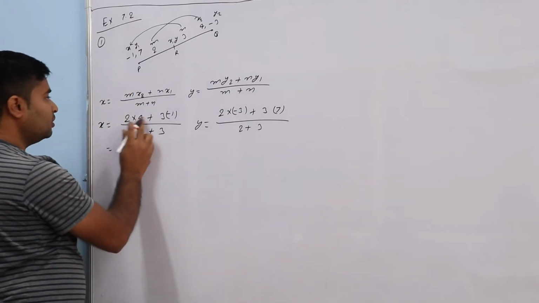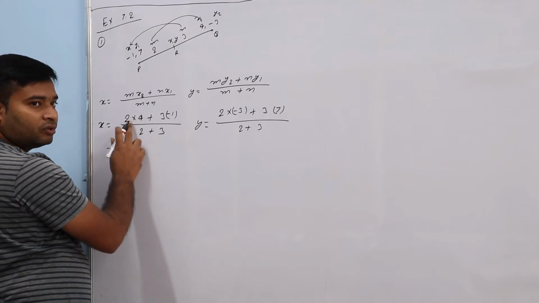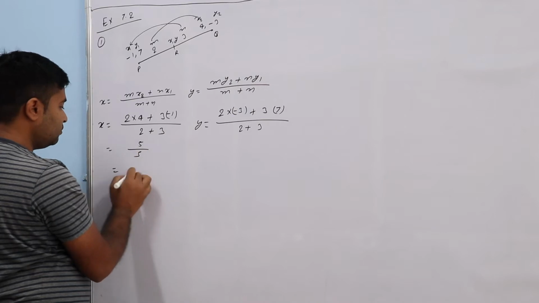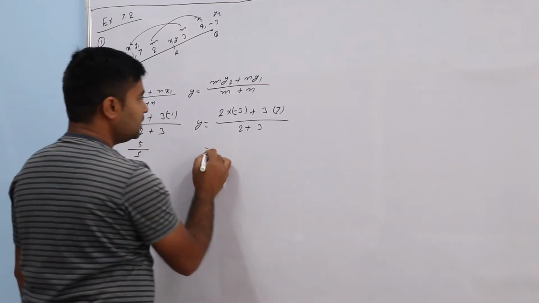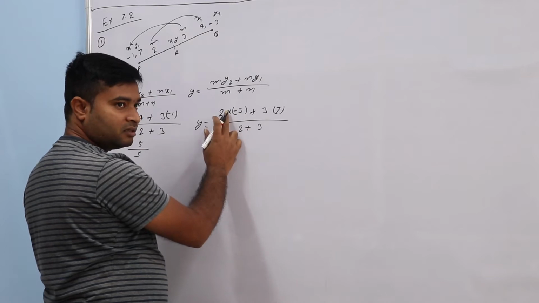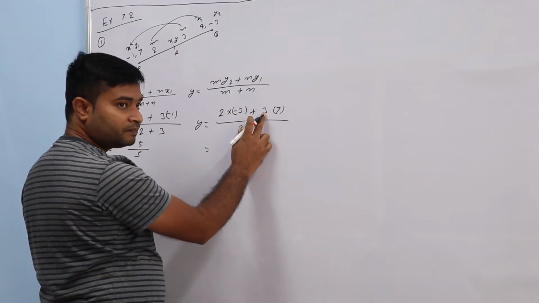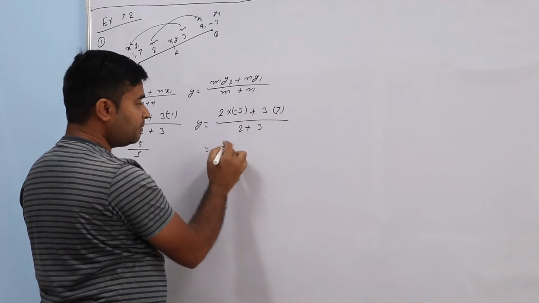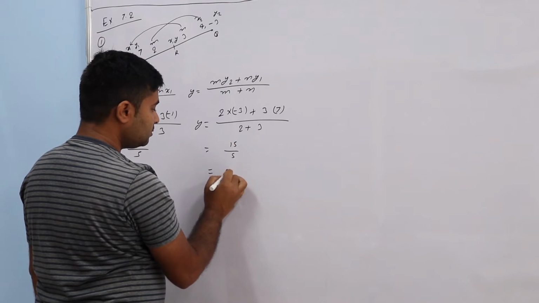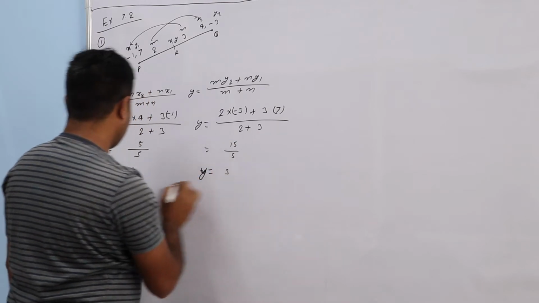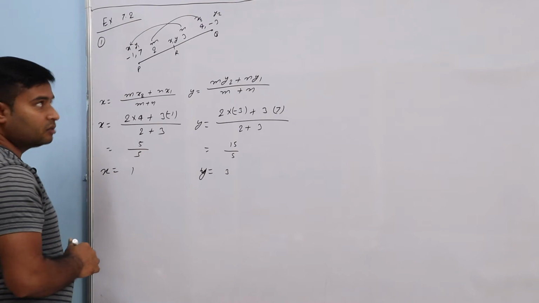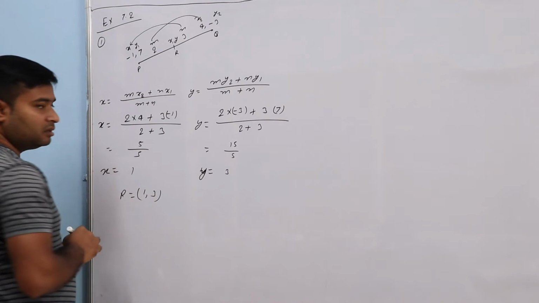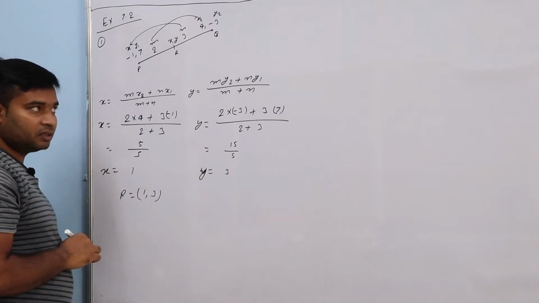Simplify. 2 times 4 is 8, 8 minus 3 is 5, by 5, that is 1. For y, minus 6 plus 21 is 15, 15 by 5 is 3. So we get x and y, and your coordinate will be (1, 3). Done? Next.